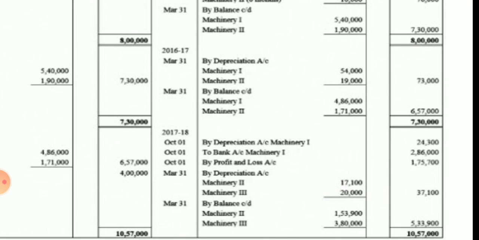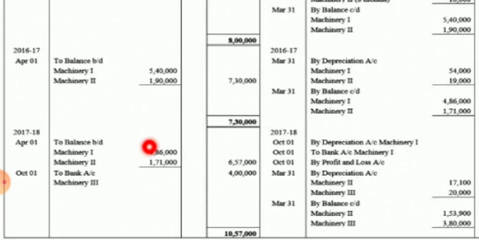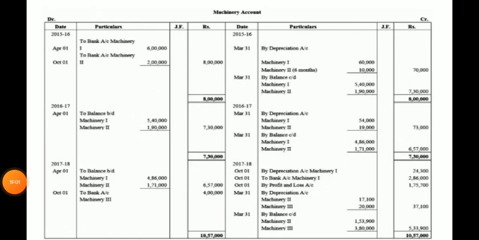So this is the total method of calculation of this, and another machinery is also purchased on the same day, so you have to charge for the third machinery, the value of that third machinery which is purchased on 1st October 2017. So this is the method for calculation of depreciation.